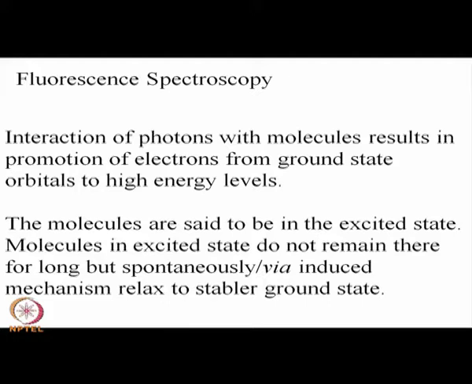So, molecules in the excited state do not remain there for a long time, but spontaneously come back to a stabler ground state. It may be by spontaneous fashion or via some induced mechanism, and the process is called relaxation. That is, it relaxes.